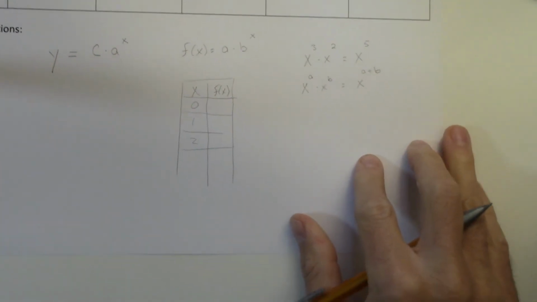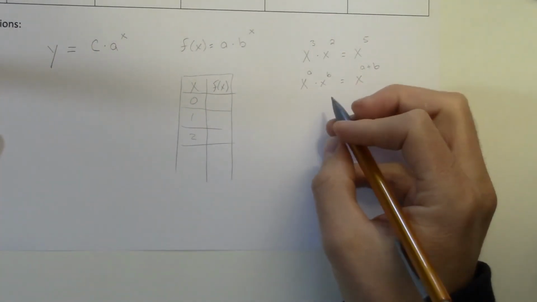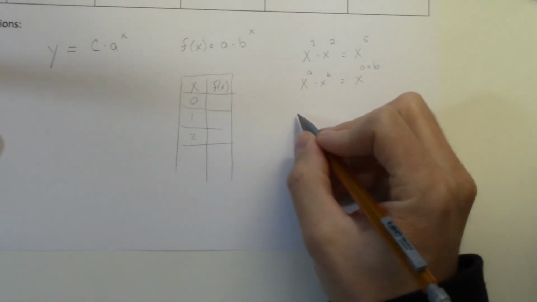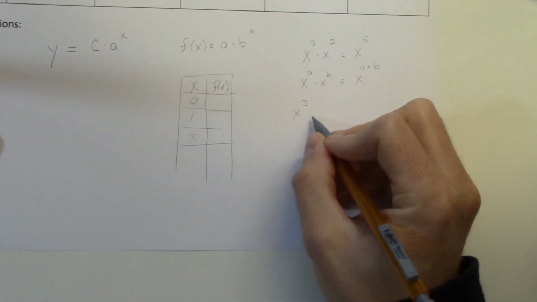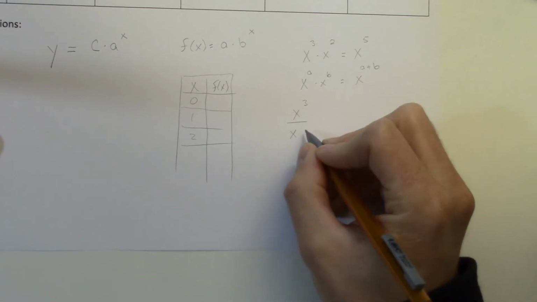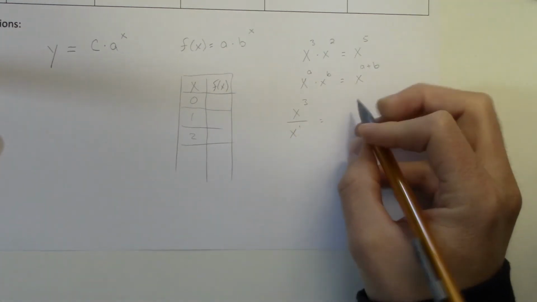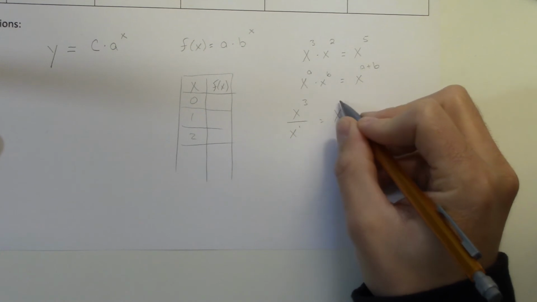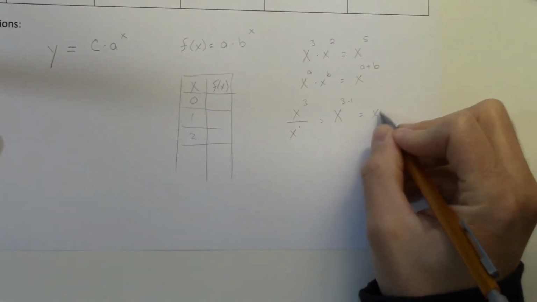And there's a lot of different laws. We go through the subtraction one. When would we subtract? Well, we would subtract if it was like x to the third over x to the first. How do I get our answer? It's x squared. We would do x to the 3 minus 1, which is x squared.